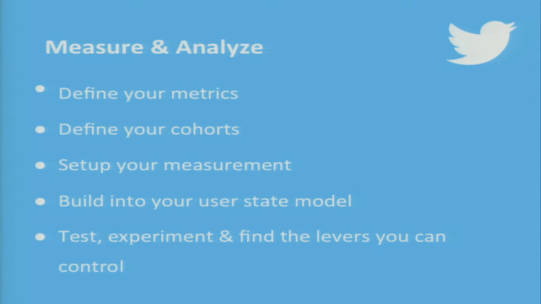Analyze and measure. I've said this a few times already, but growth hacking is an analytical endeavor. Define experiments, test out those experiments, see how they do. Analyze those experiments by the cohort, analyze them by your state model, find what works, what changes users. There are a lot of times where we've done experiments at Twitter where we thought, oh, this is going to have a tremendous effect on user growth because it makes sense, it's intuitive, I just naturally know that this will work.